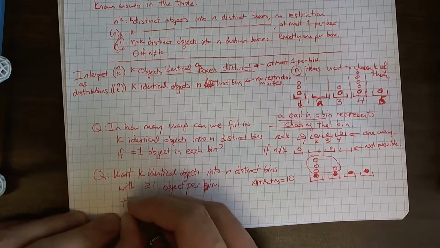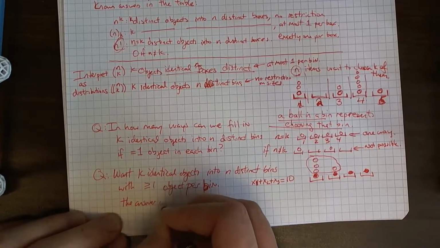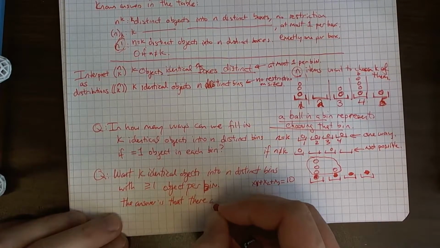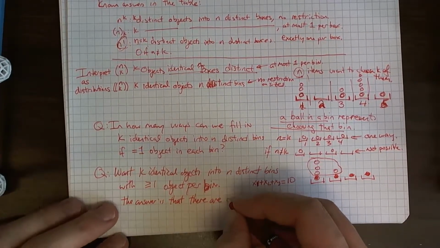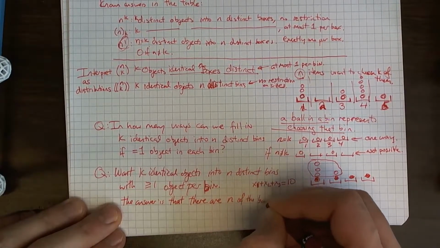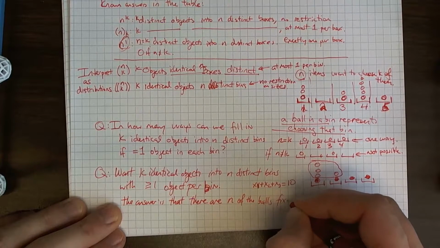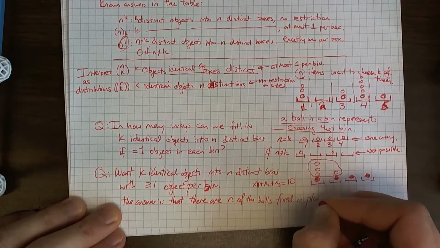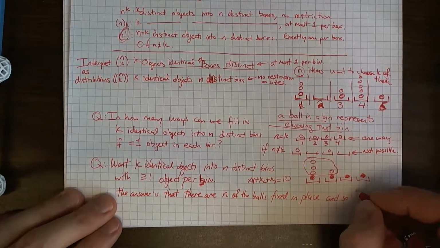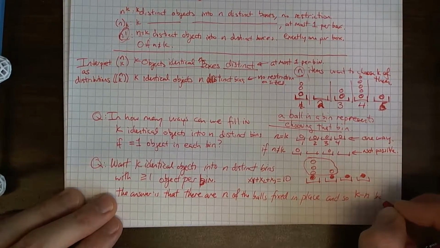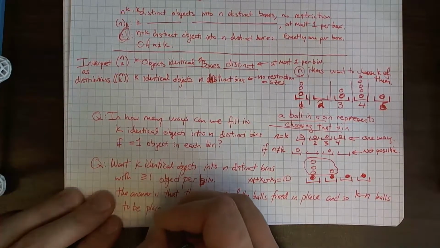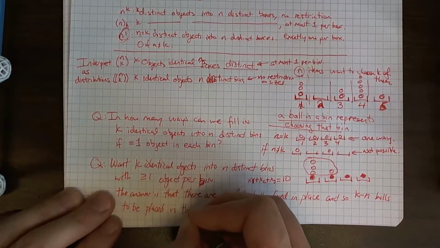So the answer is that there are n of the balls fixed in place, and so k minus n balls to be placed in the n bins.